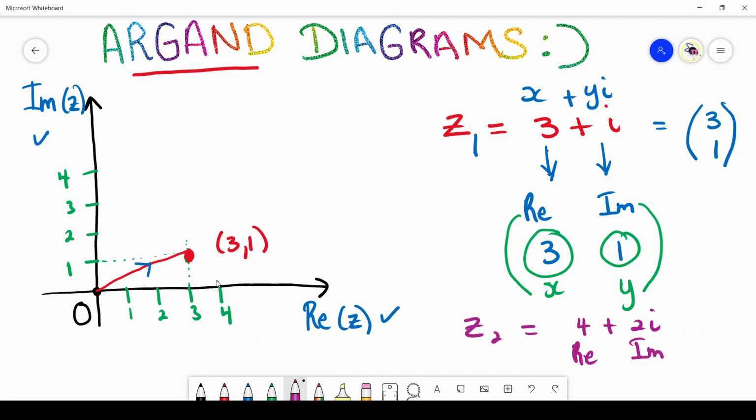So we just go ahead, 4 with 2, that's around here, connect from the origin, and you draw your little arrow. You can call it Z2 if you like. You can include the coordinate (4, 2) at the end, but that's pretty much how you would represent a complex number on an Argand diagram.